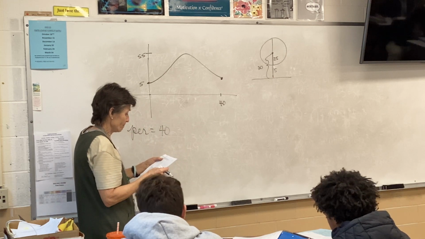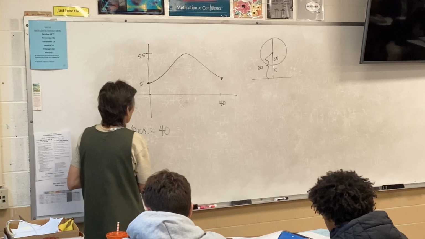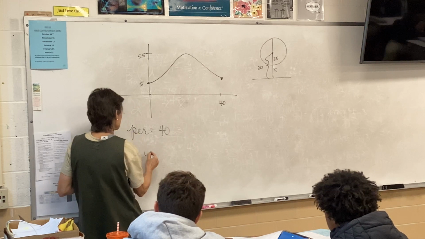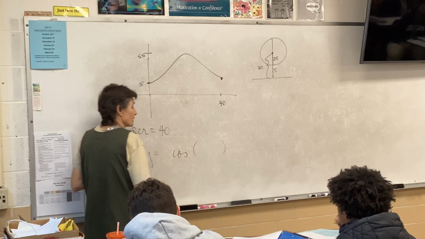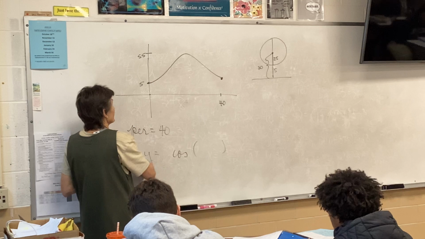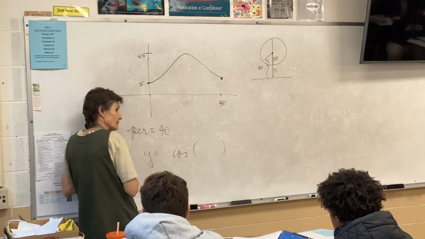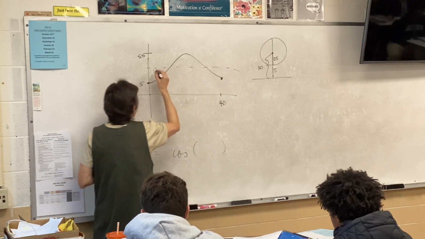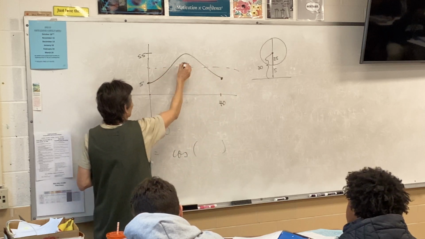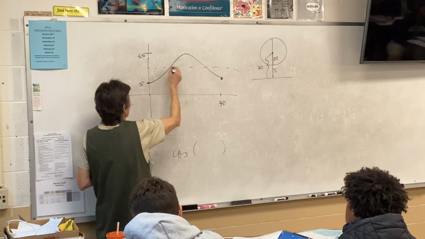And, okay, what's the amplitude? This is a cosine curve. Okay, I know it's a cosine curve. That shape is cosine. What's the amplitude? Remember, the amplitude is the height of the wave or the depth of the valley, whichever it is.